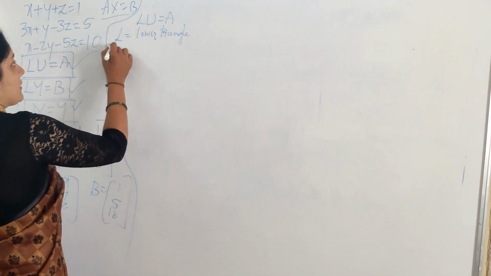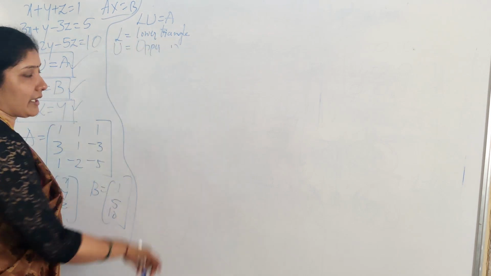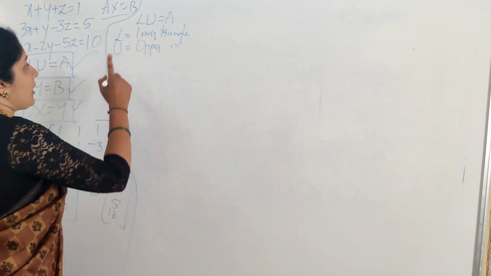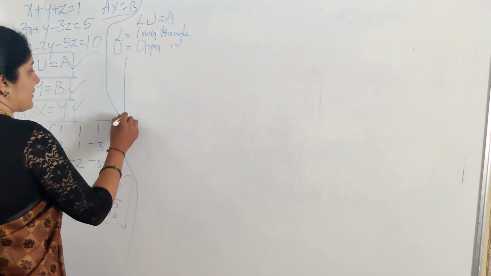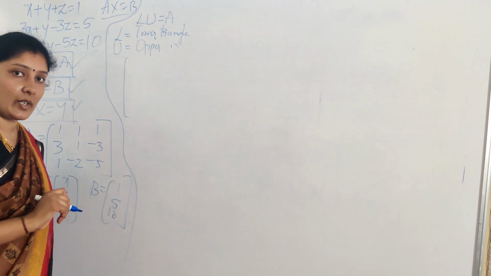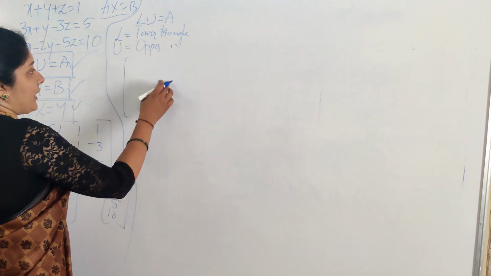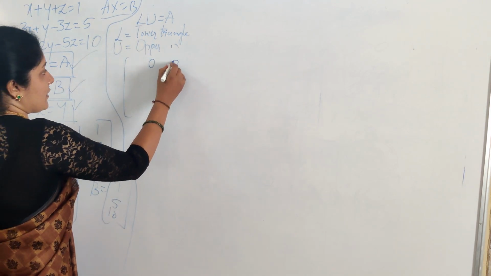Next, U is nothing but the upper triangle matrix. Now, what is this U actually? See, now let me write this. L, lower triangle matrix means what? Here, all the upper elements are zeros.